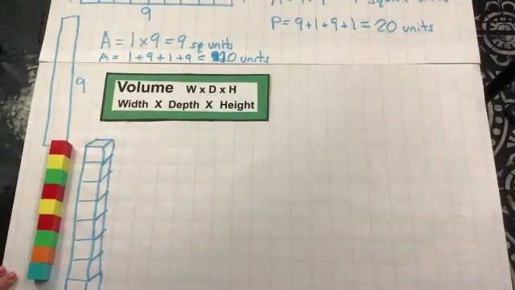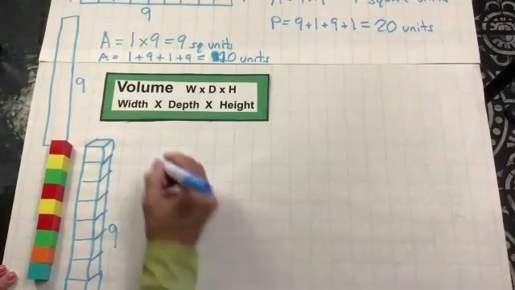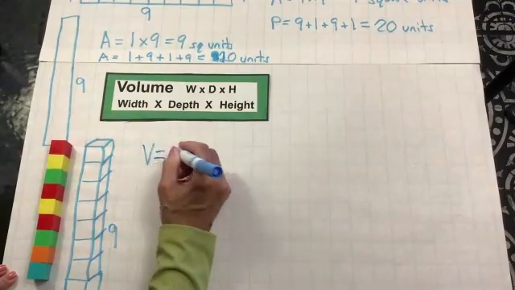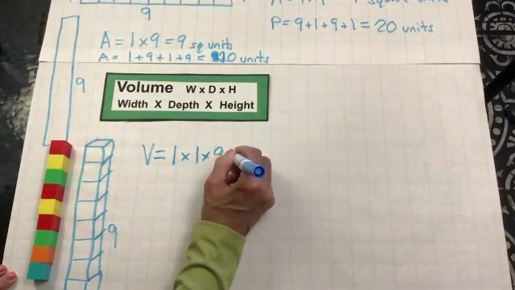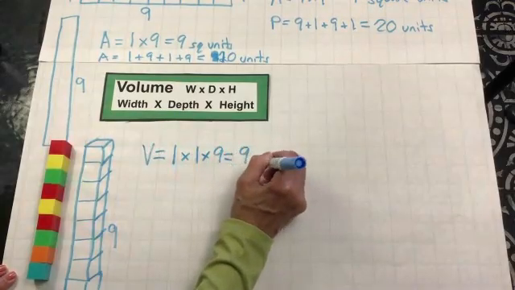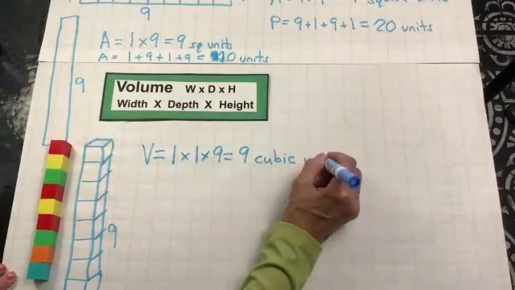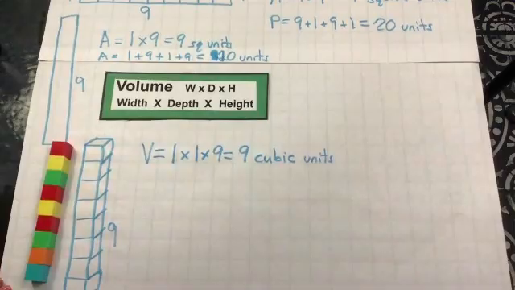All right. So this is a 1 by 1 by 9. So volume of this would be 1 times 1 times 9 equals 9 cubic units.